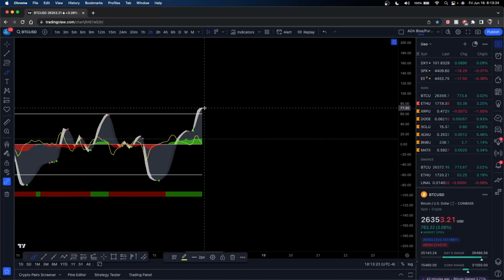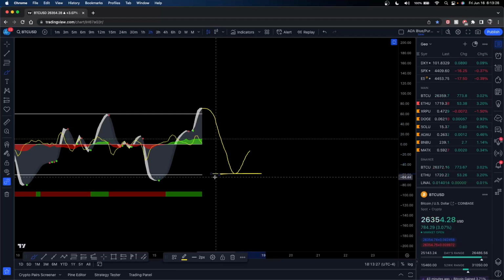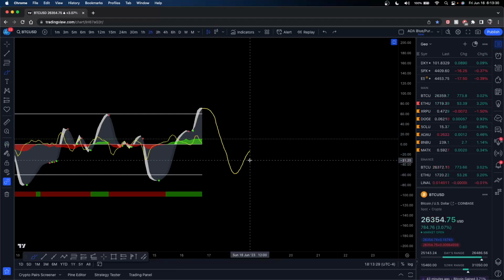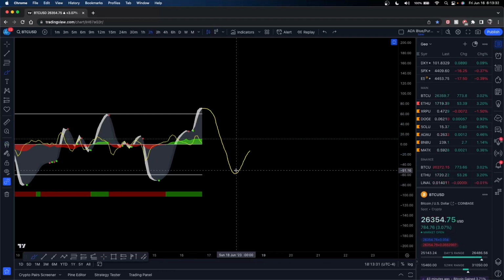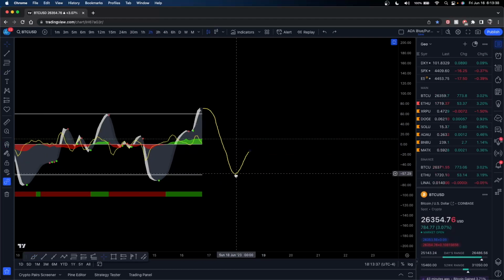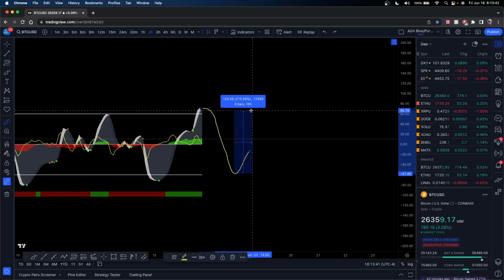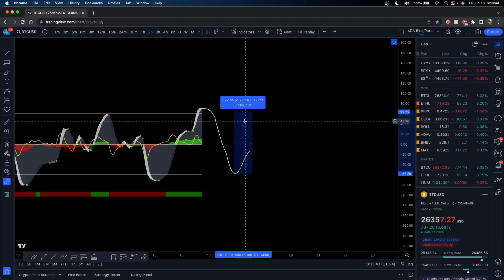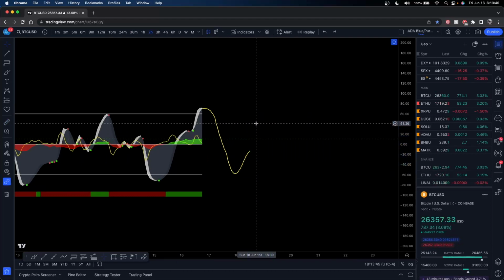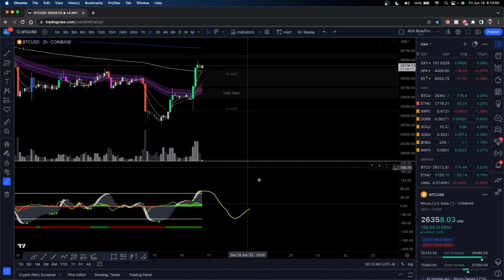When your wave comes all the way down to this 60 line, you have more room and more time to bounce upwards. If the wave comes all the way down here, hypothetically it can come all the way up here, 200% or whatever, without any real resistance.